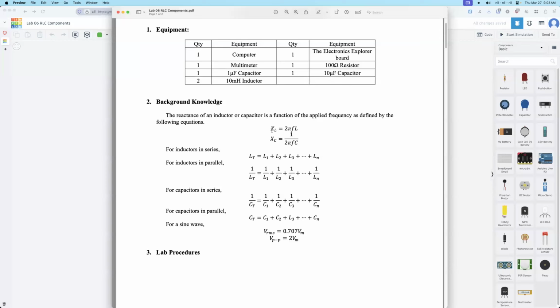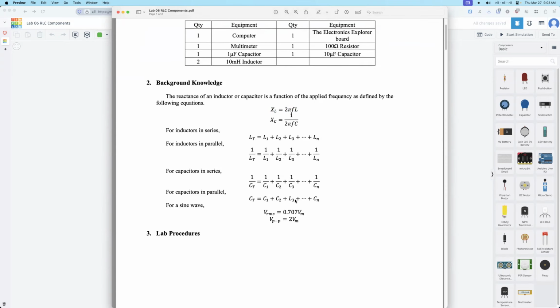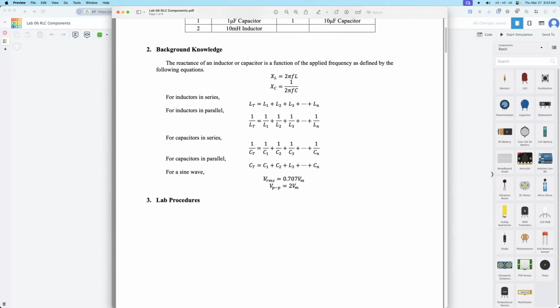For today, we will use these two equations. XL equals 2 pi FL. XC equals 1 over 2 pi FC. This one we don't use, and this one we will use.